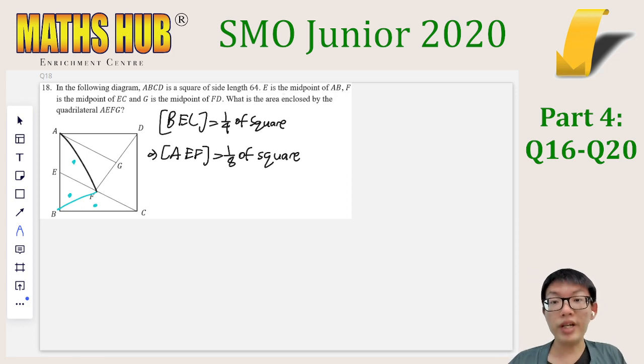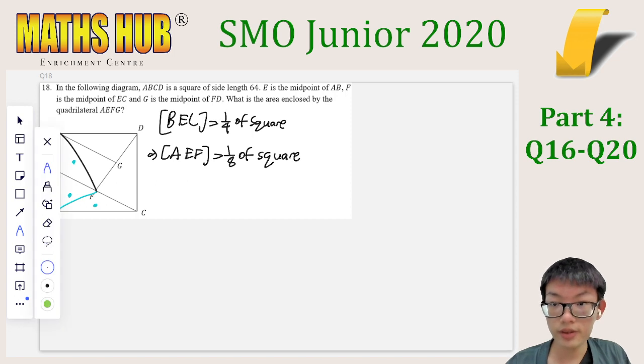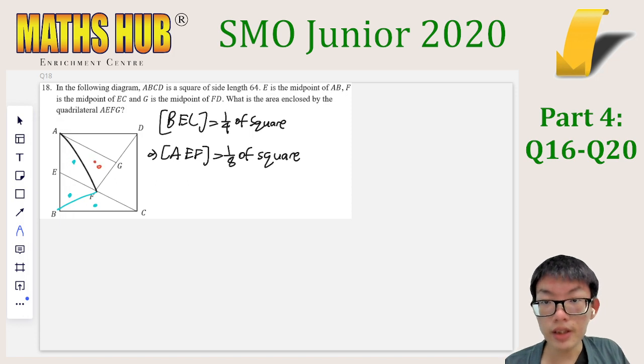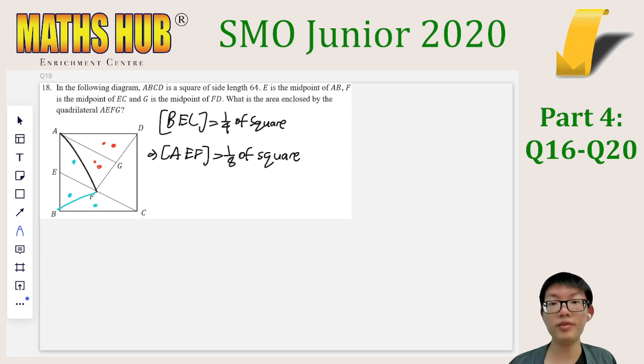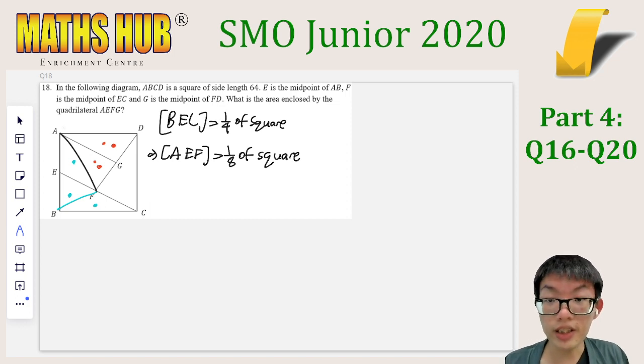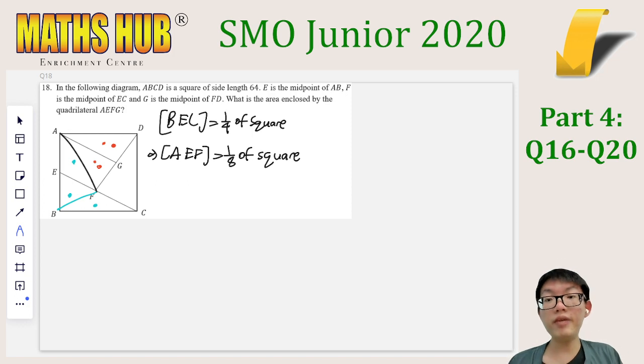Now if we were to come back and look at AFG, AFG is equal to AGD, and in fact, if we want to find AFD, we realize that ABF and DCF are actually symmetric because F is the midpoint, so this would be along the line of symmetry.